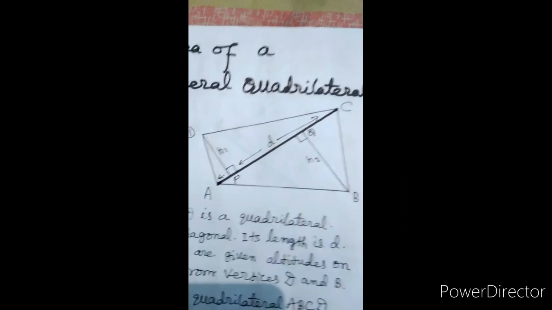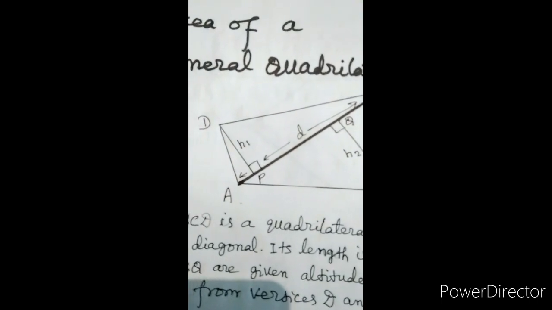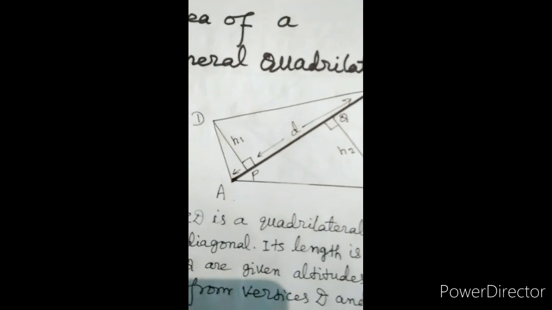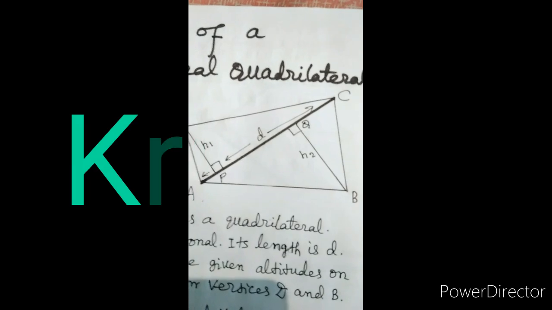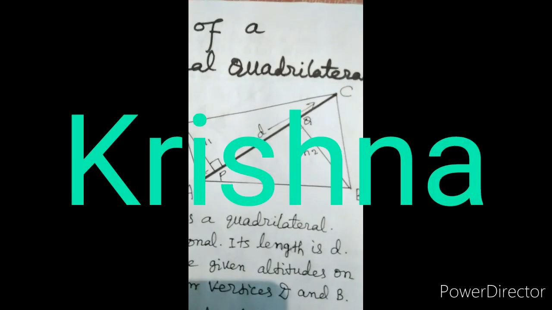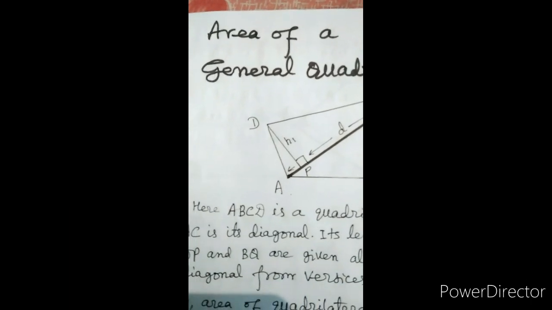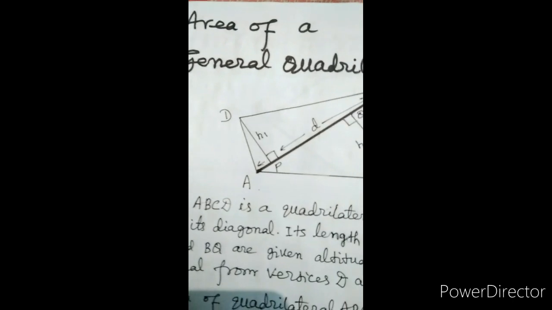And we have to find area of this quadrilateral with the help of these given informations. So we have to find area of two different triangles, with the help of area of a triangle is equal to half into base into height.